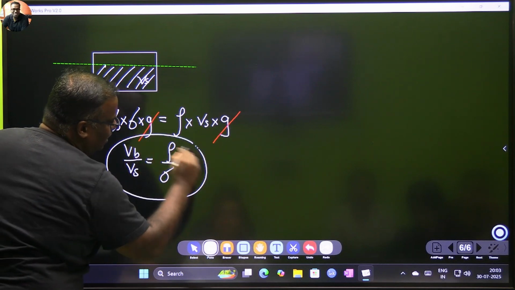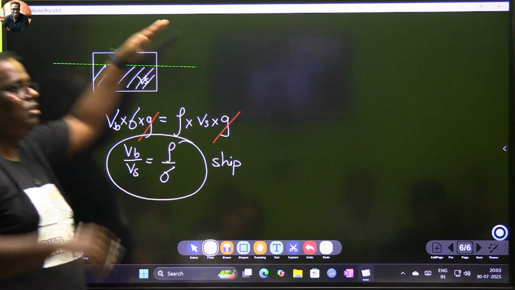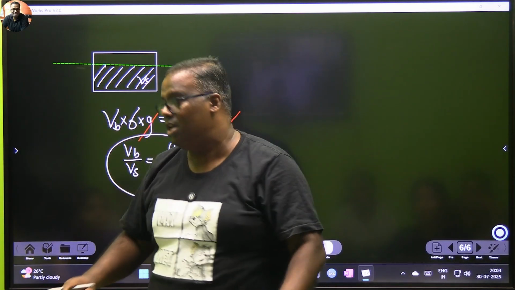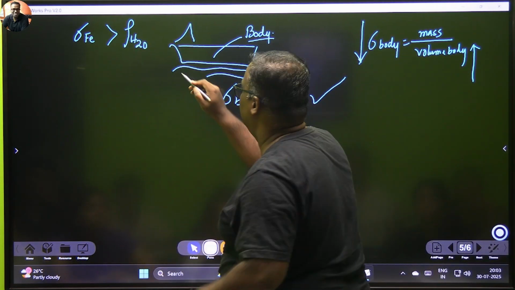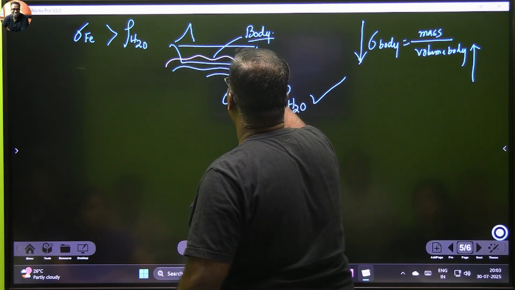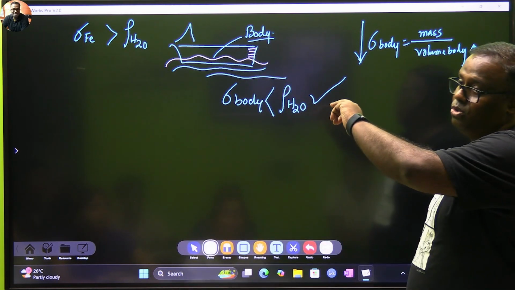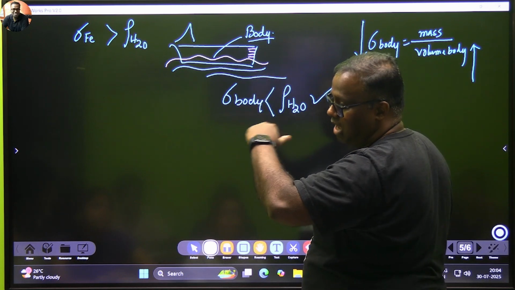And this is the condition for a ship. Because ship does not just float on water. A ship goes down on water to some extent. और जब ship पानी में जाता है ना, तो ship में जब हम loading करना शुरू करते हैं, we will load the ship. So there are some lines created on this ship. These are called Plimsoll lines. So the captain will actually decide which course you are going and how much icebergs and others.